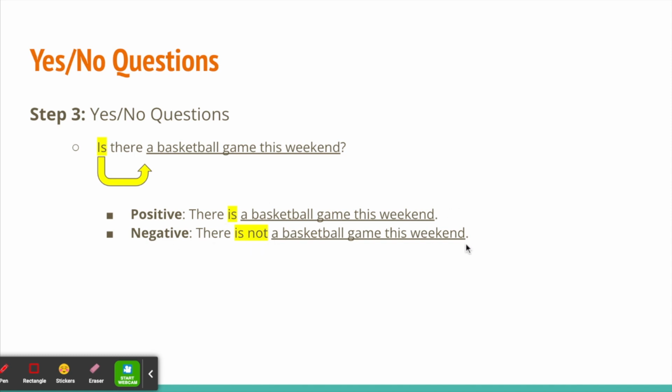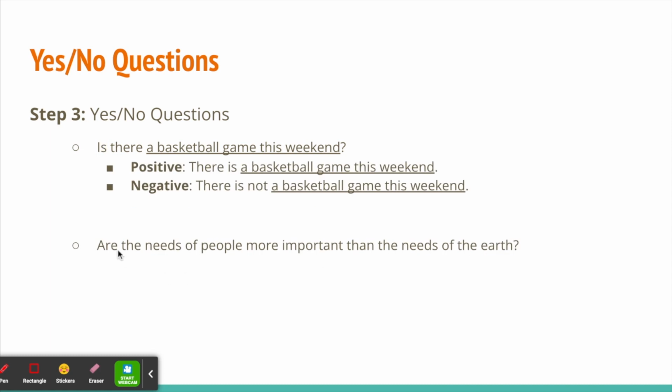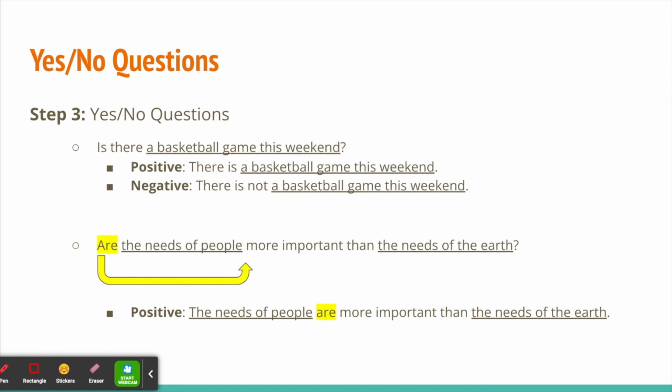In another example, it says, are the needs of people ever more important than the needs of the earth? Hopefully this question looks familiar because we answered it last week, but I just wanted to go over how to make this positive and how to make this negative. Again, you need to move the word are into the middle of the sentence.